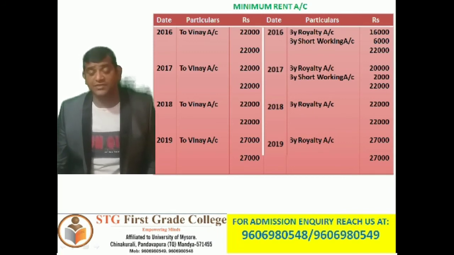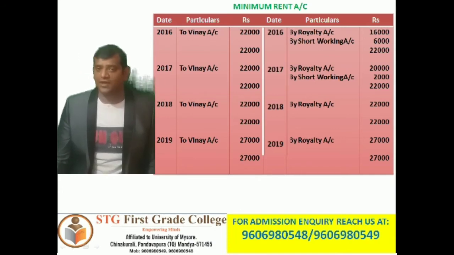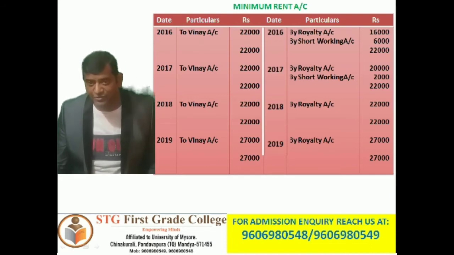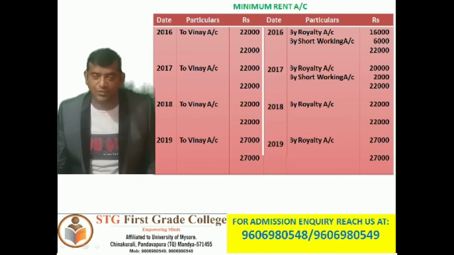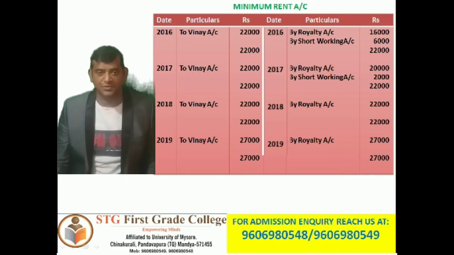In the year 2017, to Vinai account 22,000; by royalty account 20,000, by short working account 2,000, so both the sides total 22,000 and 22,000.